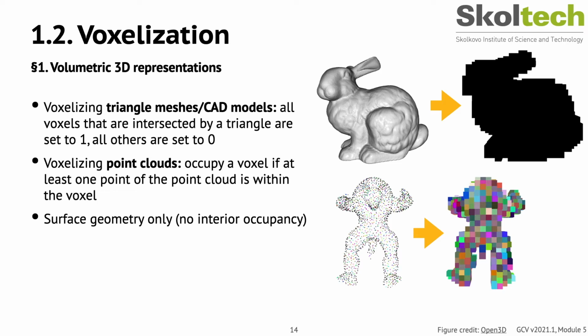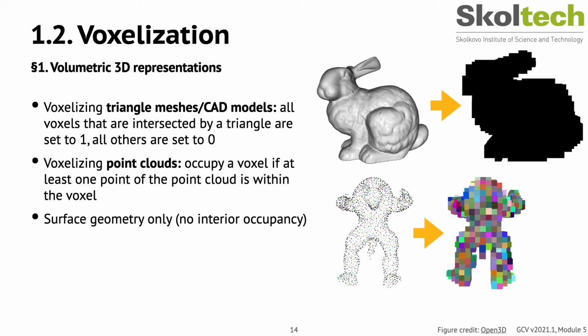To voxelize a triangle mesh or a CAD model, we basically intersect each triangle with the voxel grid. So basically, all the voxels that are intersected by a triangle are set to 1, while others are set to 0. The same thing is valid when we would like to voxelize a point cloud.